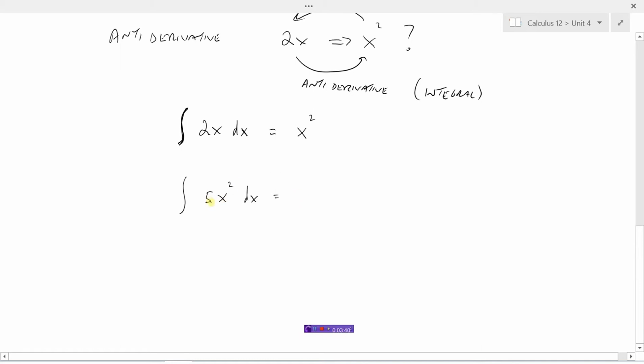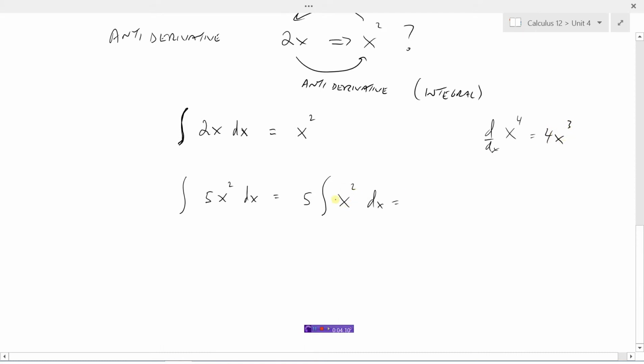Well, there's a constant term here, this constant term 5. I could take that constant term and move it outside of the integral so that I'm just looking at the integral of x squared with respect to x. And you remember when we took the derivative of something, say this was x to the power of 4, if we were asked to find the derivative of this, we would put the exponent down in front and reduce it by 1.